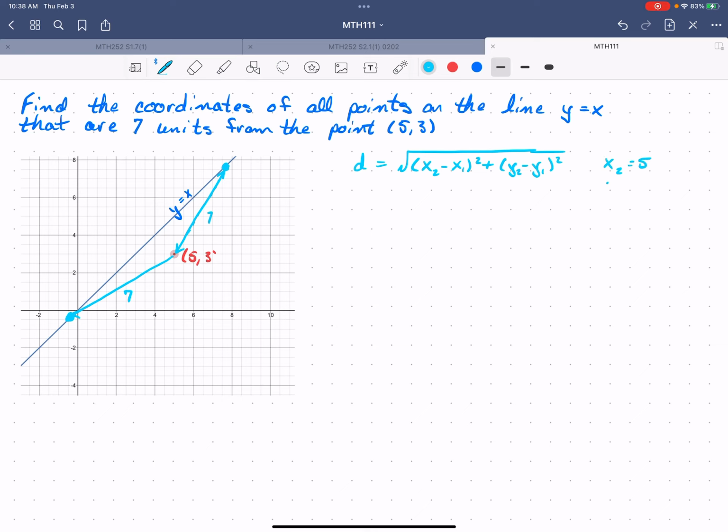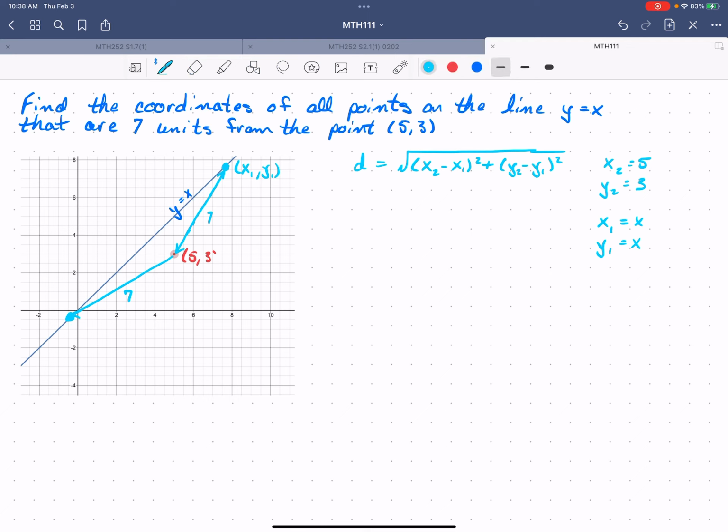In other words, I'm going to let x2 and y2 be my given point. And so we're just going to call x1 x, and we're going to call y1 x. Now, I'm saying that this is the point (x1, y1). And it could be either one of these. We're actually going to find both of these. They're different numbers, but we'll find them both.